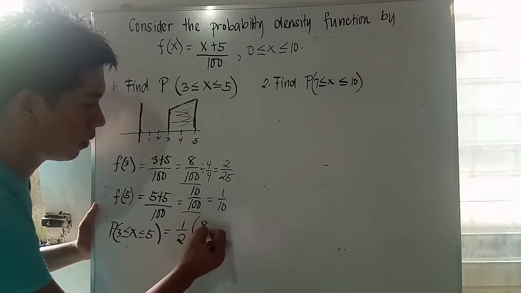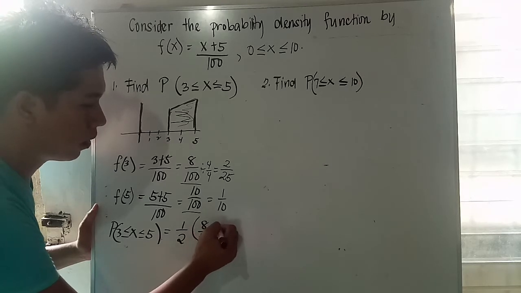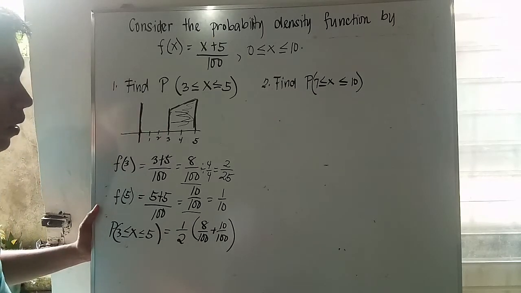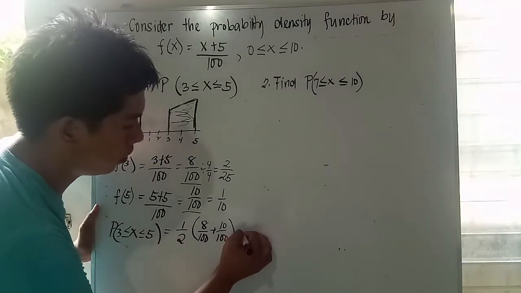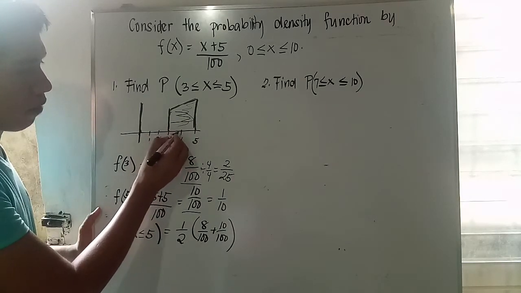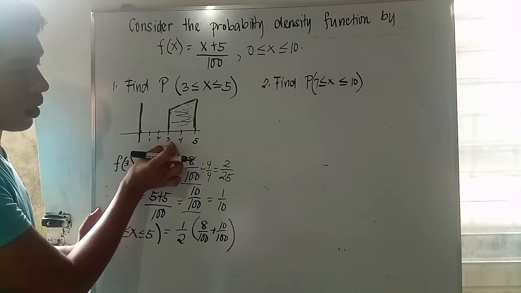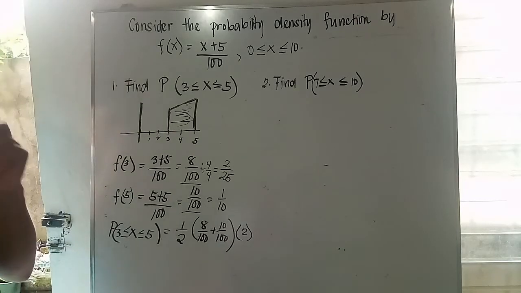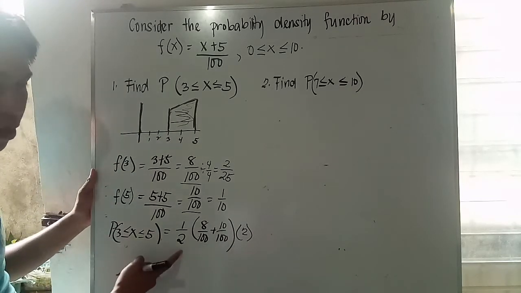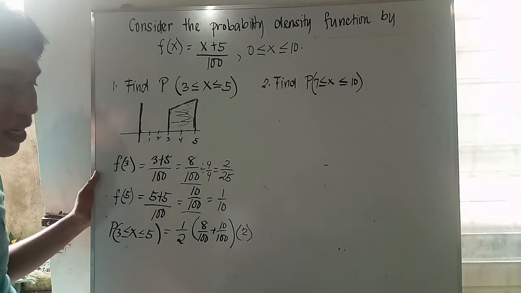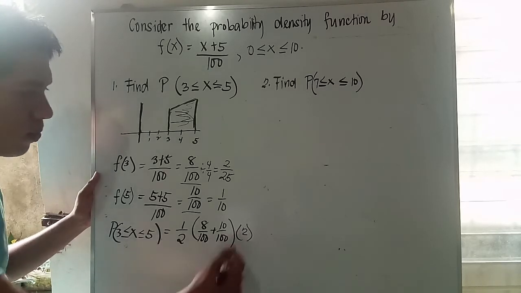Times the height. This is the height here below. From 3 to 5, there are 2 units. So we will multiply by 2, which is the height. If you are familiar with the formula for the area of a trapezoid: 1/2 times base 1 plus base 2 times height.